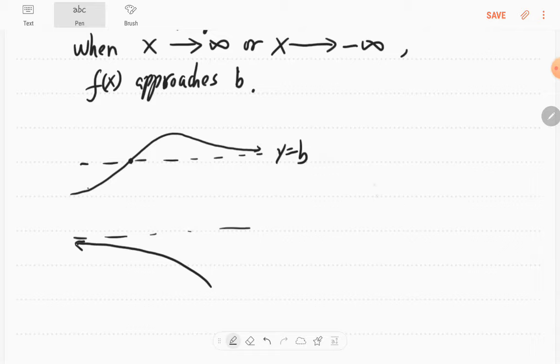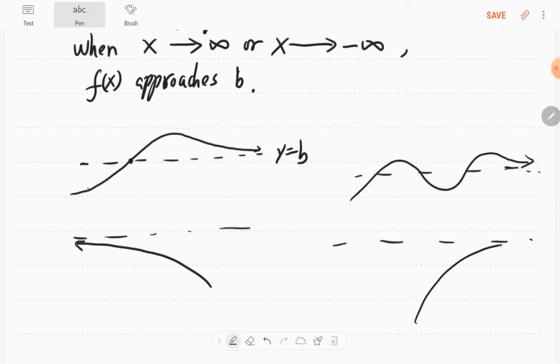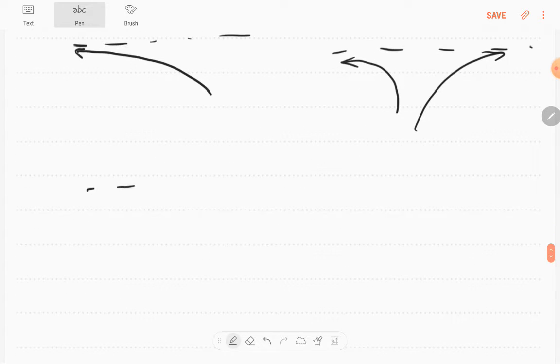Or you can have this one, or this one, or this one.